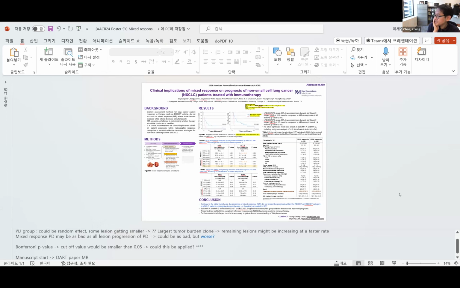So you can work with them, make sure they have all the materials. And the concept is the same. How would mixed responders behave in the setting of dual immunotherapy in rare tumors? And the data is amazing. We treated about 800 patients, accrued over 1,000 sites in the US.